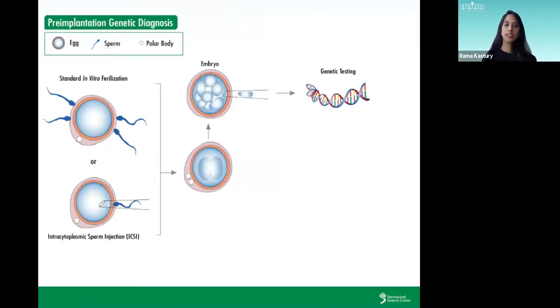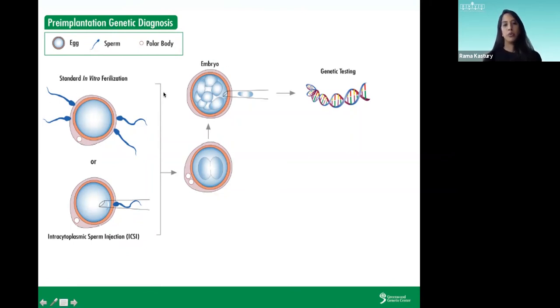And then one last little tidbit that I wanted to touch upon: if you click rewind and you are in that group of individuals going through IVF, this subject could be a whole other talk, but I just wanted to talk about preimplantation genetic diagnosis or testing.